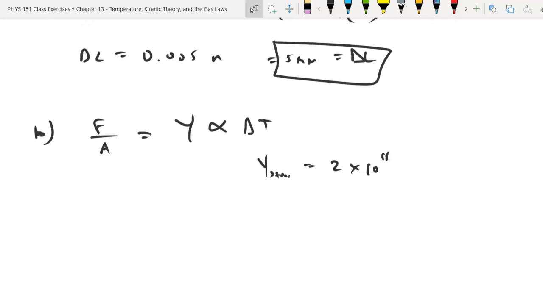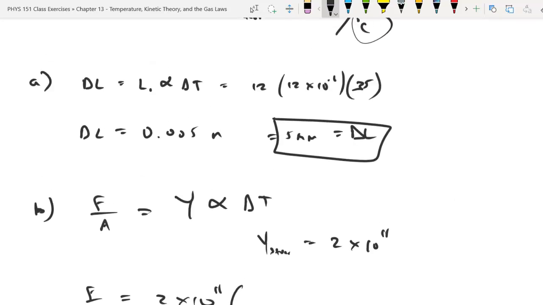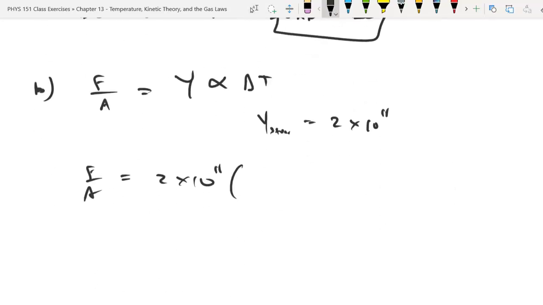So the stress, the force per area, is Young's modulus, 2 times 10 to the 11th, times the coefficient of linear expansion, alpha, which was 12 times 10 to the -6, and then times the change in temperature, which was 35 degrees Celsius.